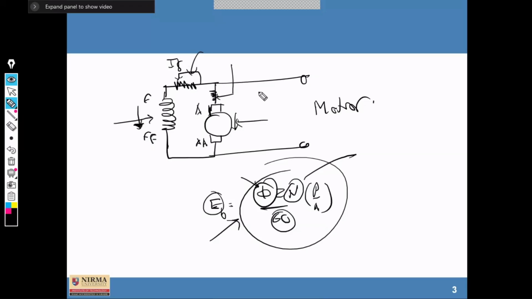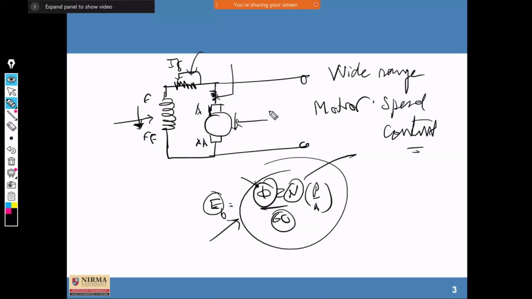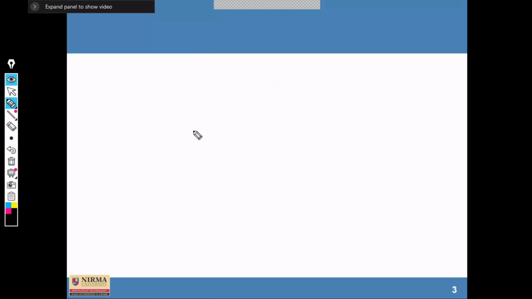So we can have a wide range of speed control of various motors, right? So if you want wide speed control range and some superior torque, that is where compound motors come into the picture.